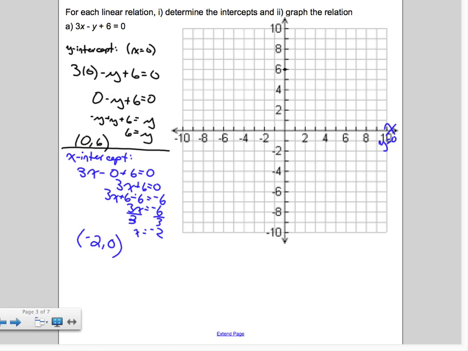So we'll plot the other point right here. Negative 2, 0. And then we'll do a straight line through it. So with your ruler, I'll do this with this.